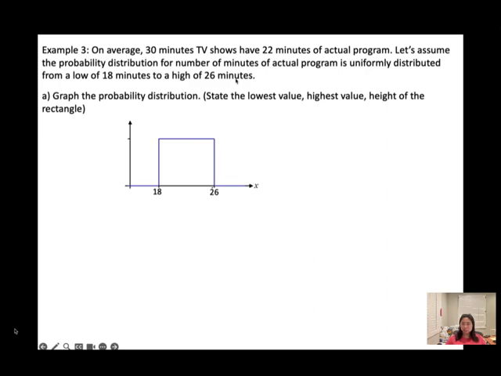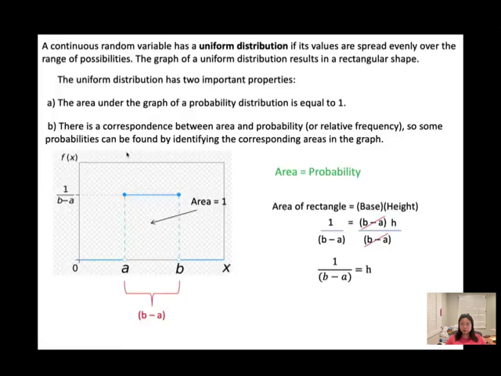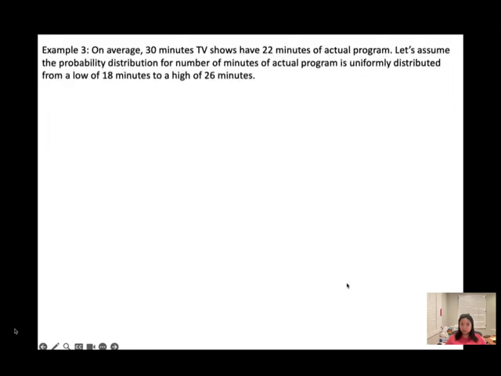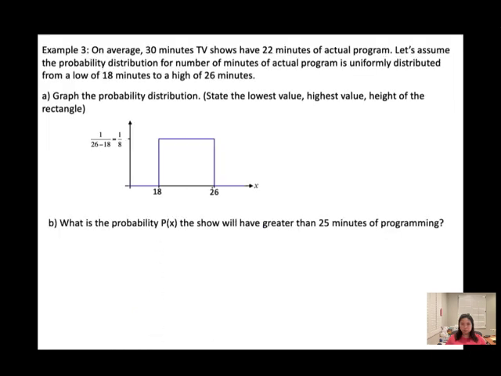So that's 18 and 26. Now you want to figure out the h in here. What is the height of the rectangle here? So we could use the formula 1 over b minus a. That will be 1 over 8. Okay, one more time. This formula, 1 over b minus a. Okay, right? This is the probability distribution.